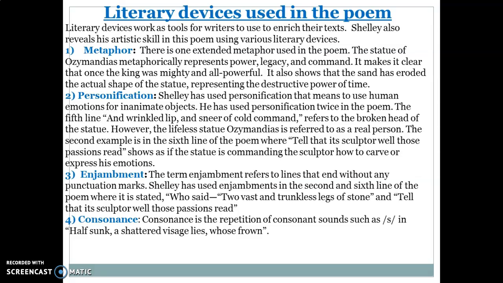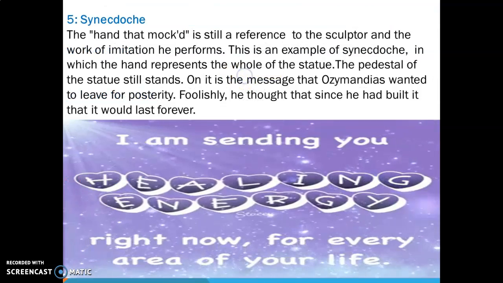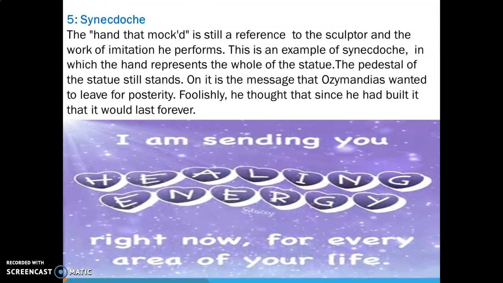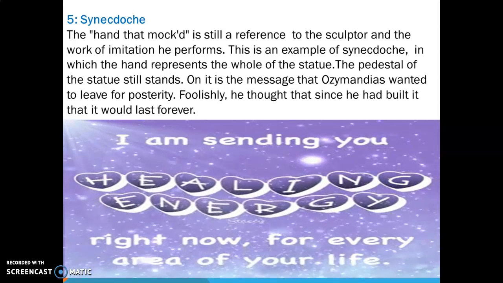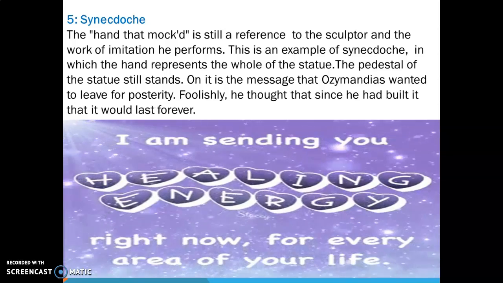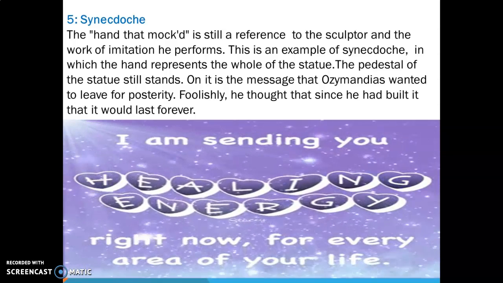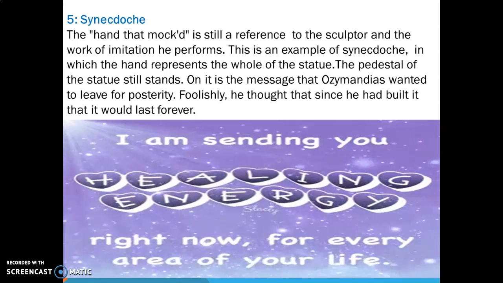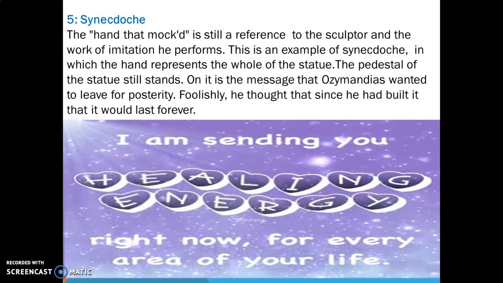Now, the literary devices used in the poem. There are several devices which Shelley used to enrich his poem. Metaphors are used, personification, enjambments, and consonance are used, and one literary device that should be new to you, that is really very rare, is synecdoche. The hand that mocked is a reference to the sculptor and the work of imitation he performed.